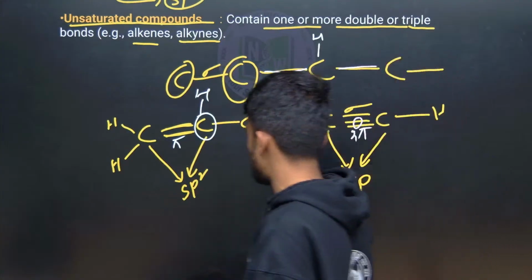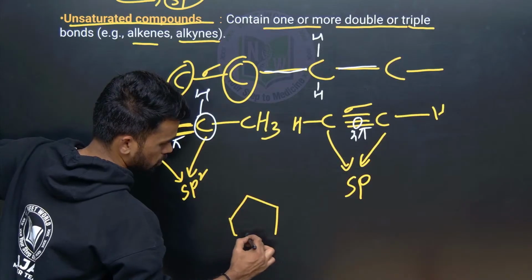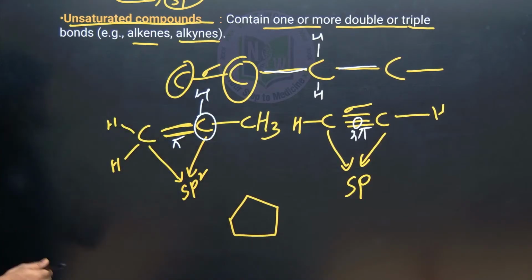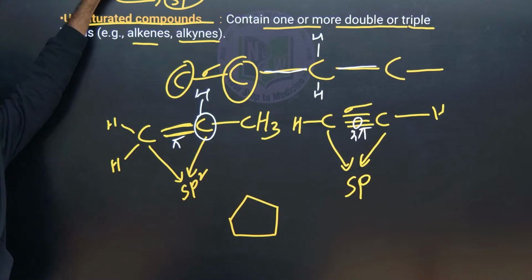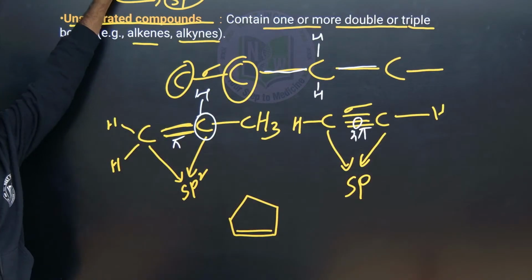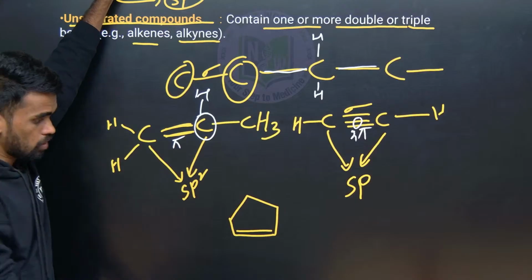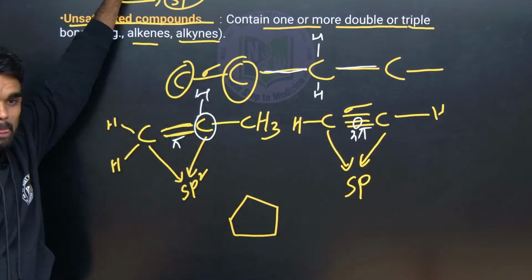Now these compounds can be in the cyclic form also. So now tell me, is it saturated or unsaturated? Saturated, alkane, right? Now, is it alkene or alkyne? Alkene. Now tell me, what is the name of this compound?